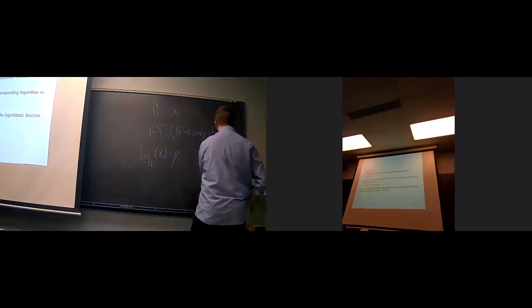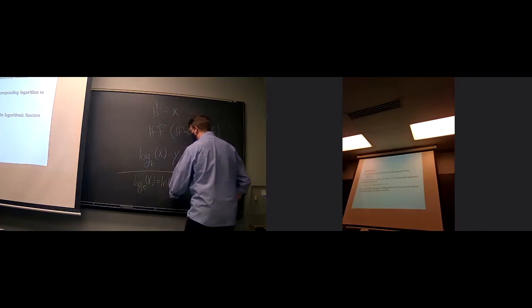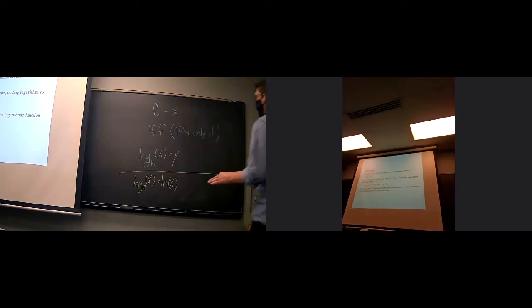And we said more specifically that log base e of x is written as the ln of x, right? So this is what we've been talking about up to this point. It's just the ln of x.